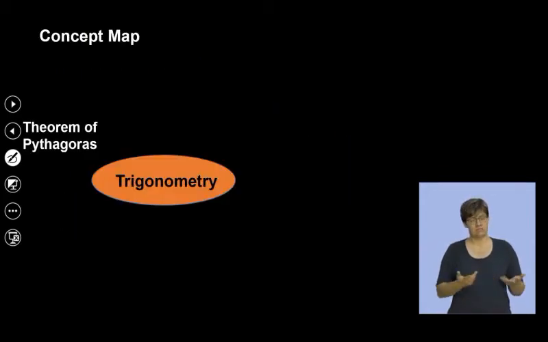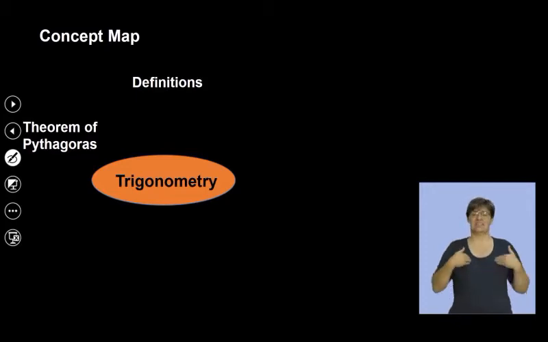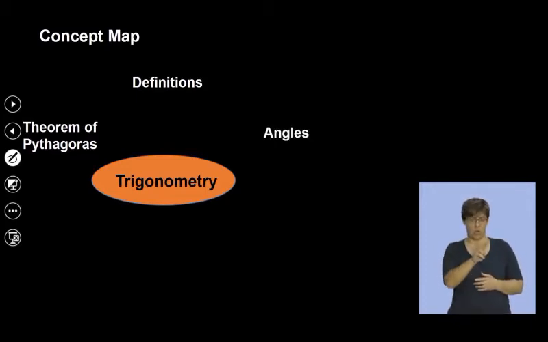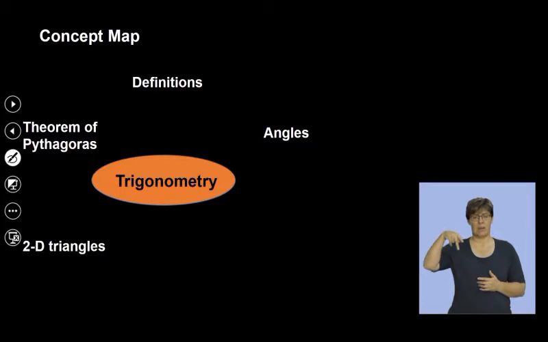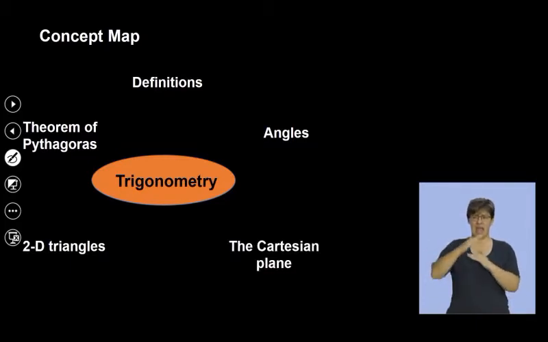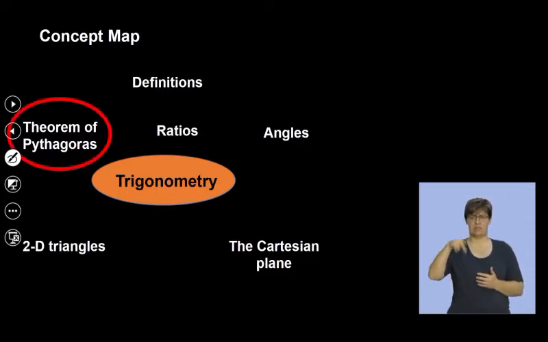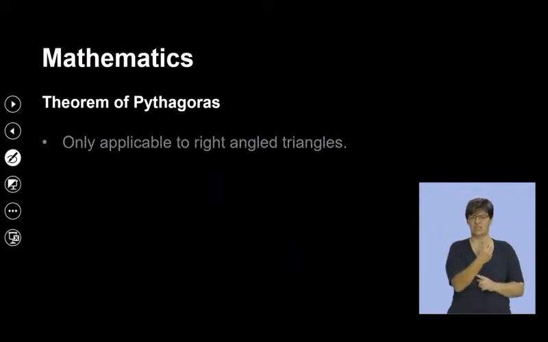Now, our concept map, which is always what we start with: we're going to look at the theorem of Pythagoras, definitions, our angles, 2D triangles, and then the Cartesian plane, which is the big idea. For now, let's do a quick recap of the theorem of Pythagoras.